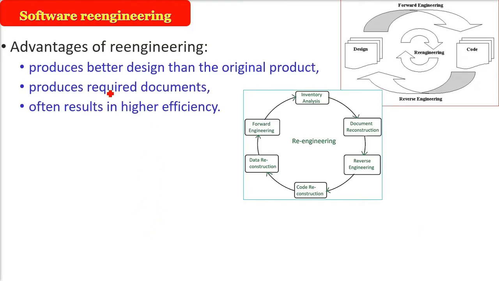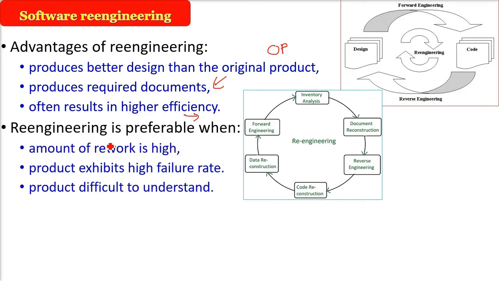So software re-engineering, what are the advantages? First of all, whenever you do things in a new way, you have a better design. You are creating documents, so you have the latest documents. Performance, enhancement and efficiency always increase, because you are making the new project with new technology and new thoughts.